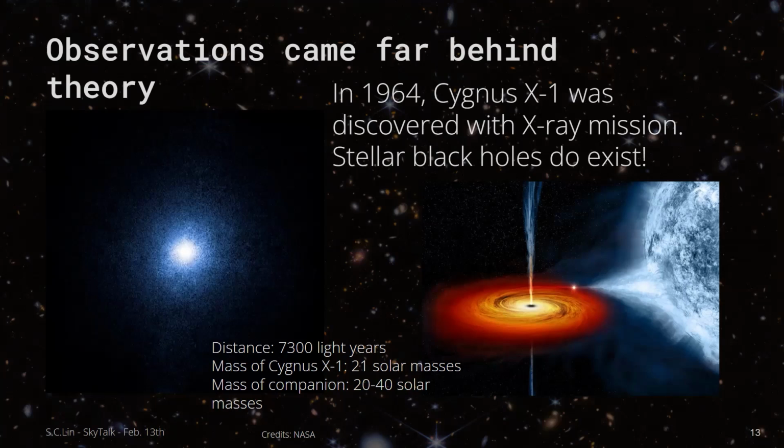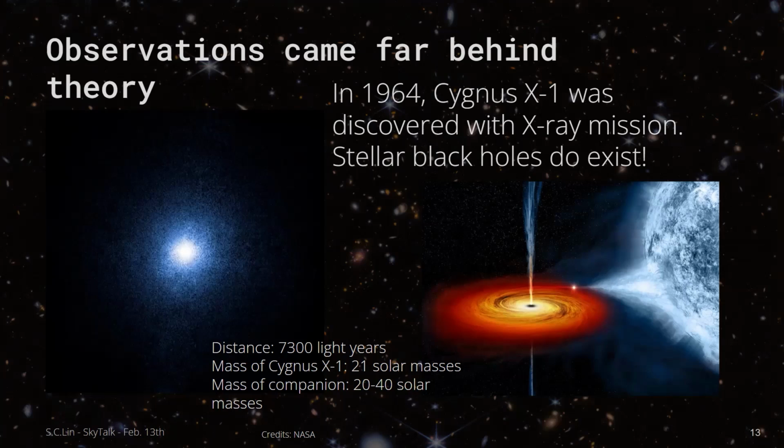Basically, since it's so bright in the X-ray band, it has to be something really powerful that can emit such enormous energy in X-ray, and the only thing we could think of is a black hole. It's a black hole accompanied by a blue supergiant, which keeps feeding that black hole.